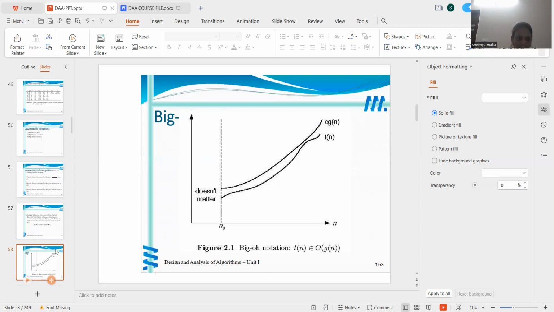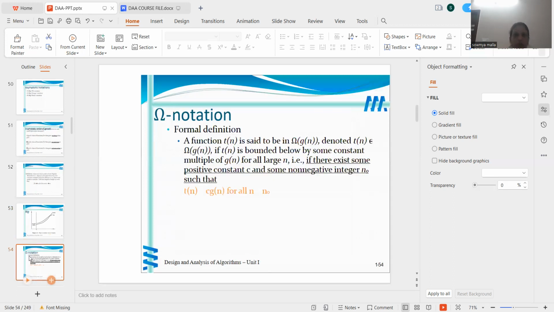Next, omega notation. Omega notation, also called big omega notation, mainly represents the lower bound of an algorithm's runtime.